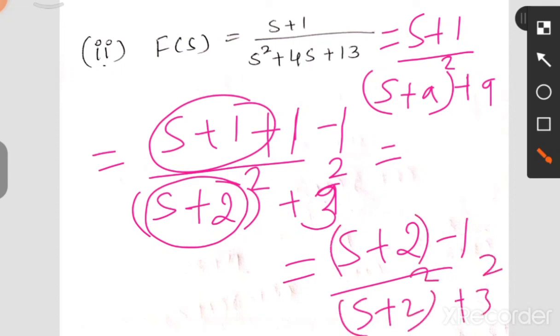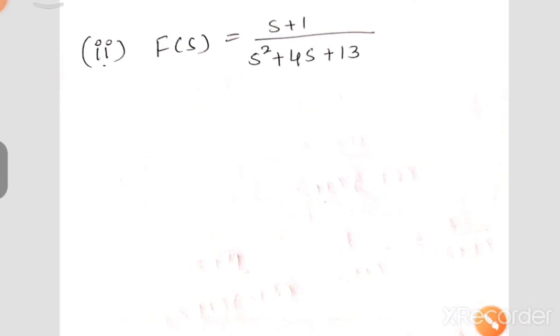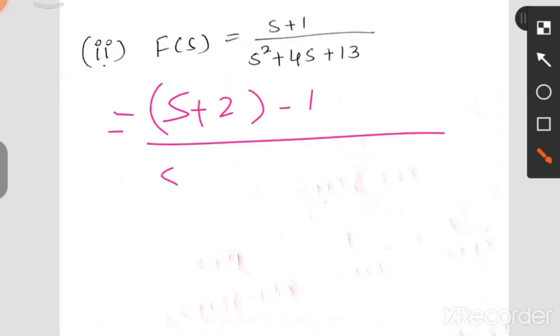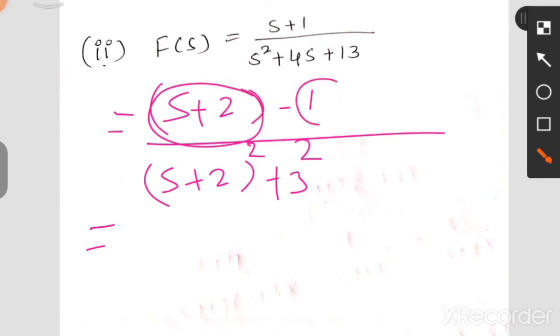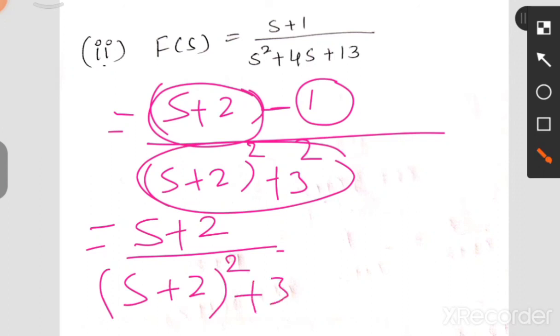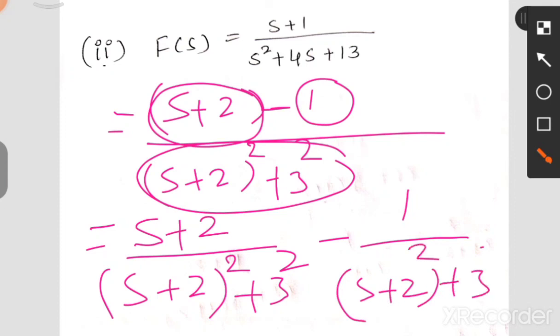Now there are two factors in the numerator and this denominator is common for both. So this can be written as s plus 2 divided by s plus 2 whole square plus 3 square and minus 1 divided by s plus 2 whole square plus 3 square.